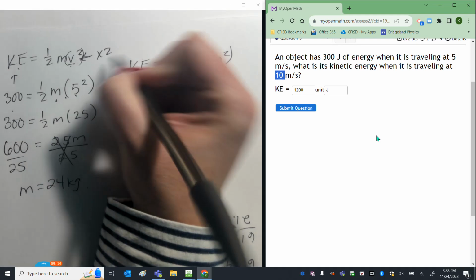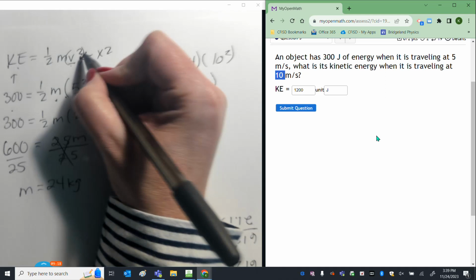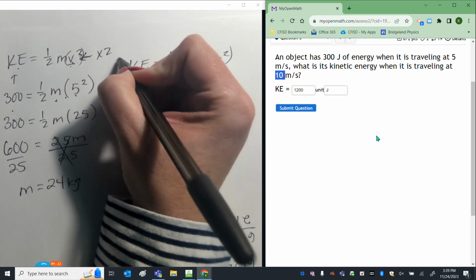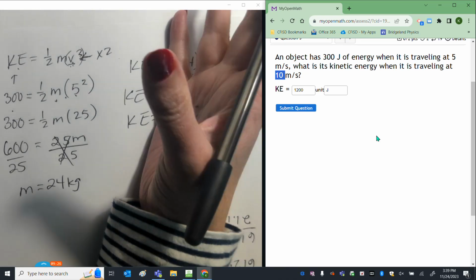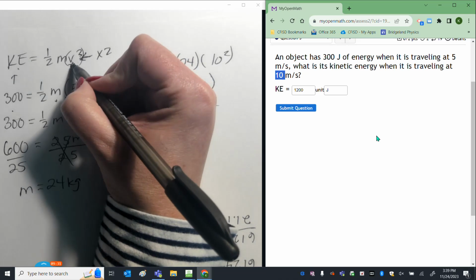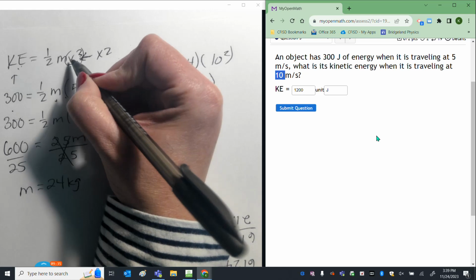If the velocity gets doubled, it doesn't double the KE because that velocity is squared. If you double something, from 5 to 10, or from 2 to 4, you're not doubling this. It's going to change by a factor of 2 squared.